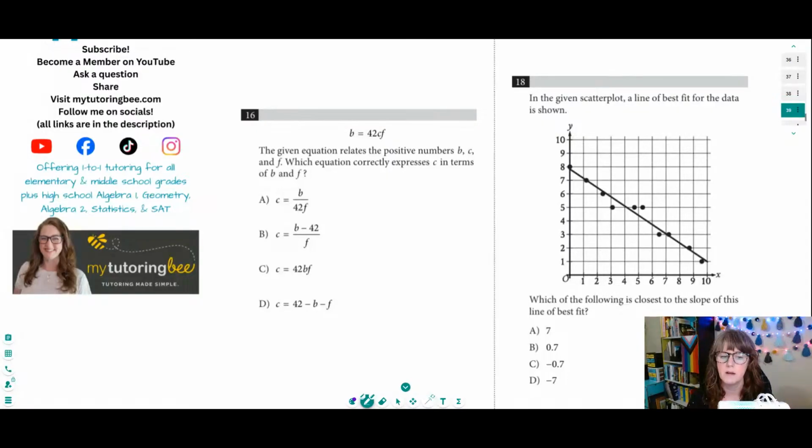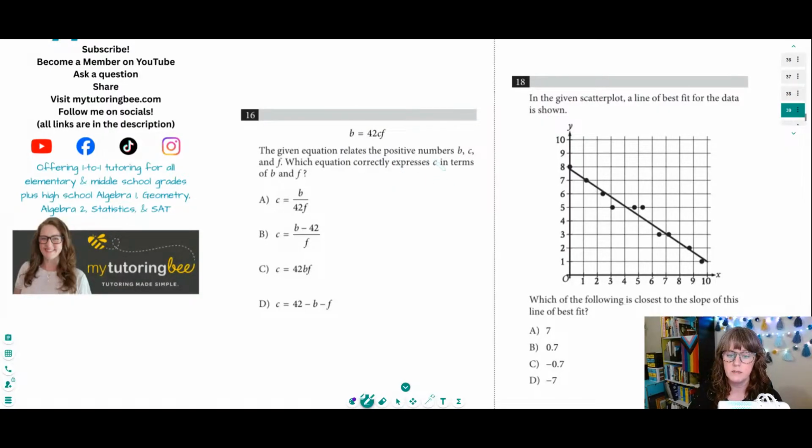And a lot of times when there's just one variable in an equation, students can solve these really complex equations. But then when we throw multiple variables in and you have to solve for one of the variables in terms of the other variables, it seems really confusing. But we're just following the rules of algebra.